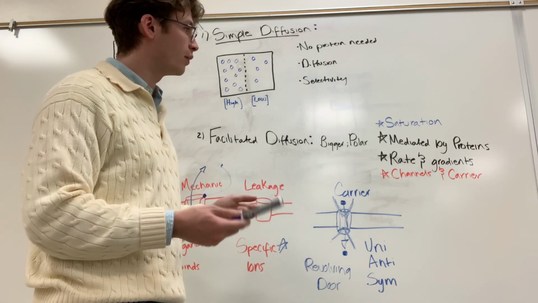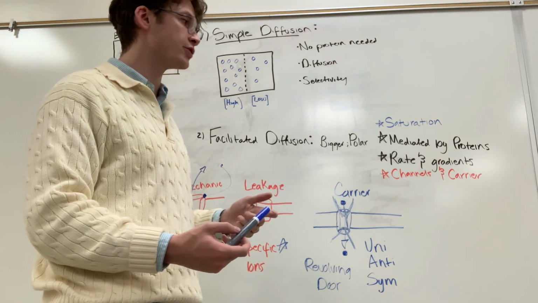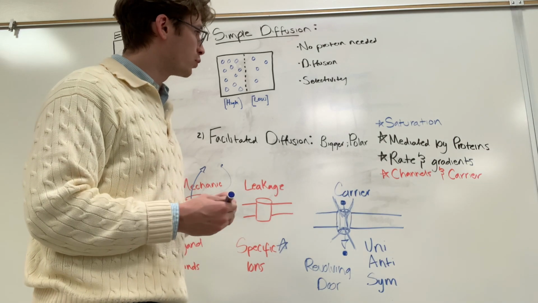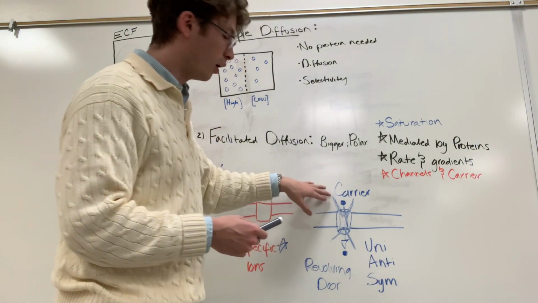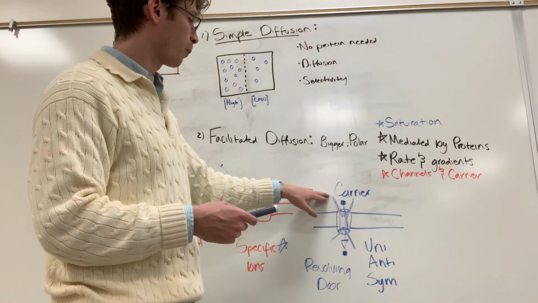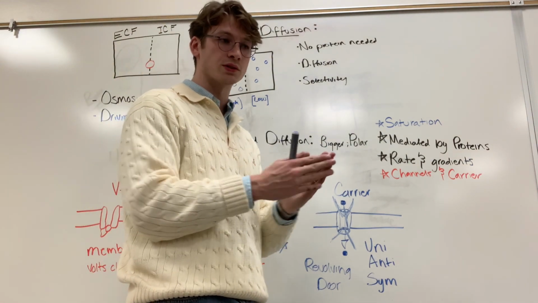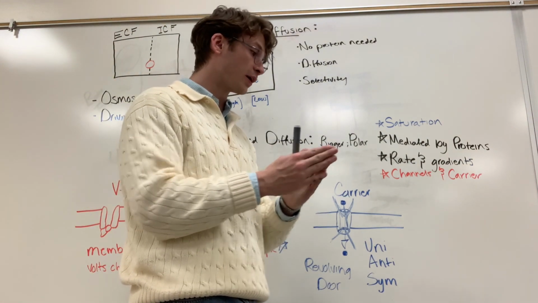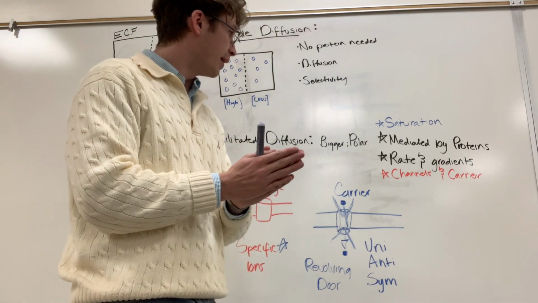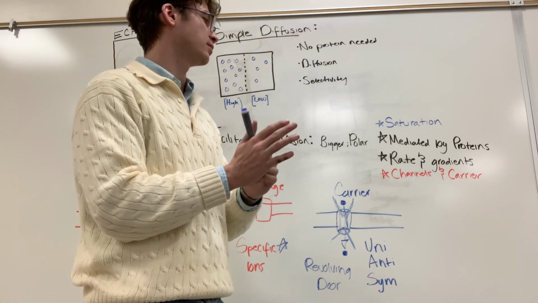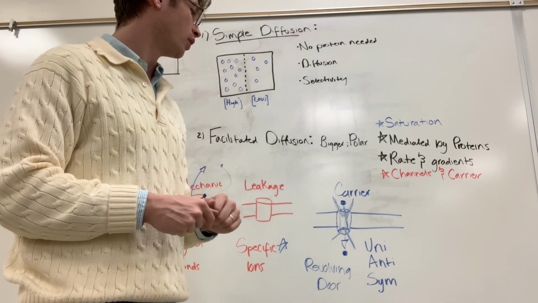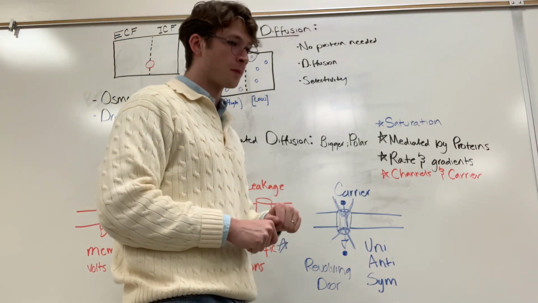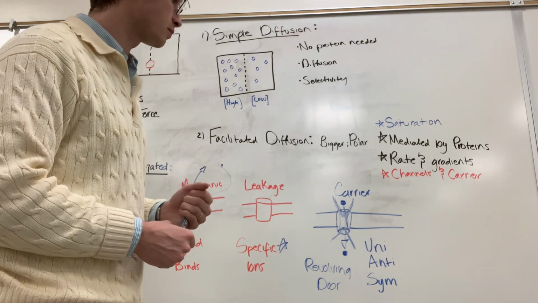What can happen though is this idea of saturation. That occurs when on either side we accrue a lot of these proteins, but because it only opens and closes one at a time, what can happen is a point of saturation where there's a buildup of this ion or this chemical on one side of the membrane.